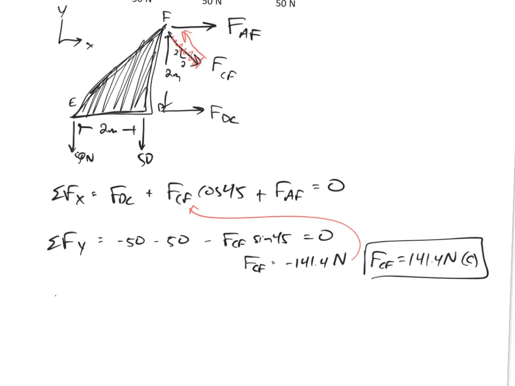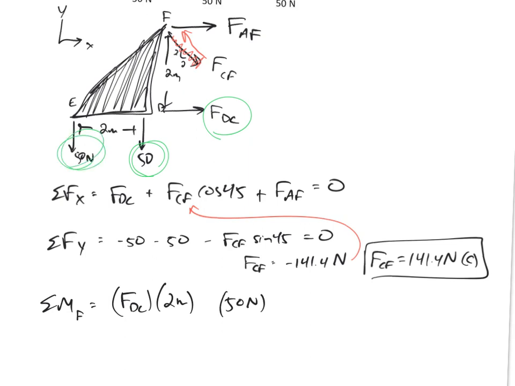So summing the moments about F, FCF goes straight through it, FAF goes straight through it, this 50 goes straight through it also, but FDC is 2 meters away, creating a positive moment, and then 50 newtons acting 2 meters away, the way I drew it, also creating a positive moment, equals 0.